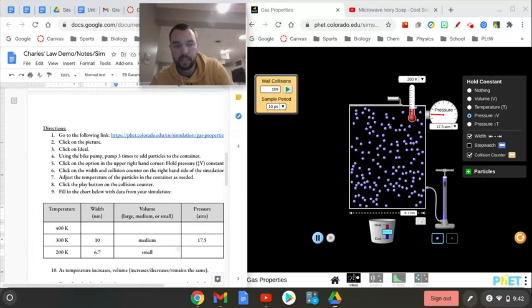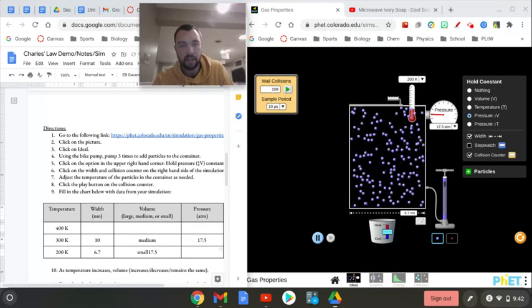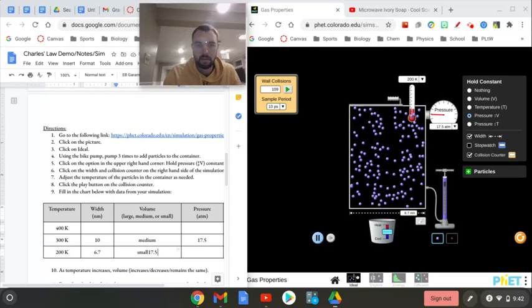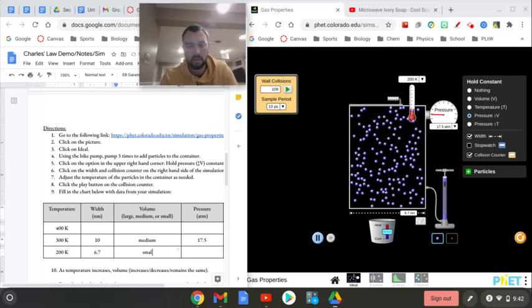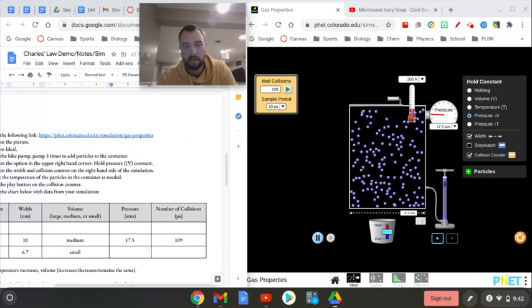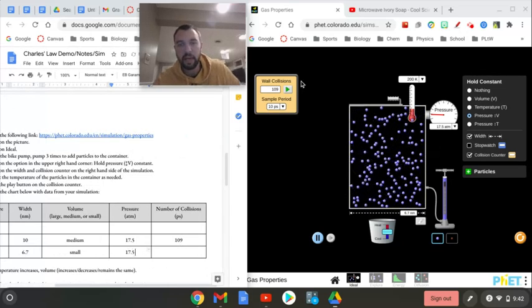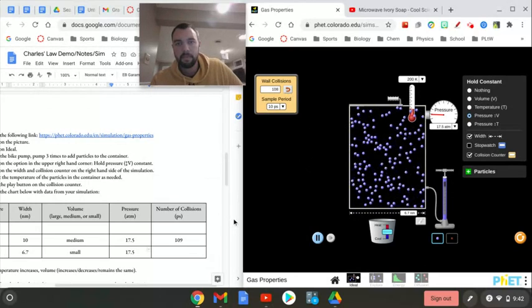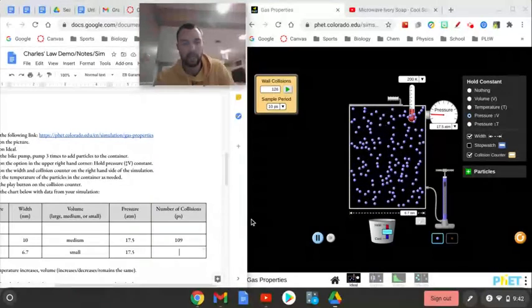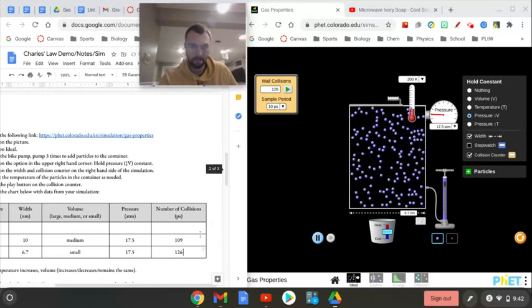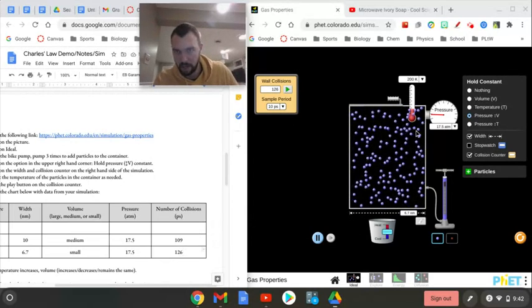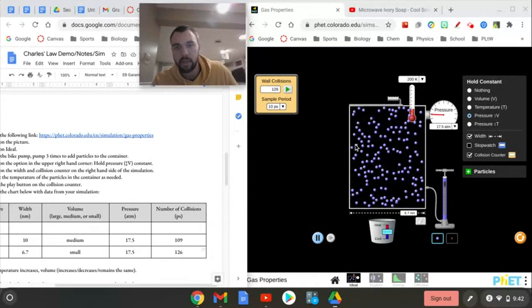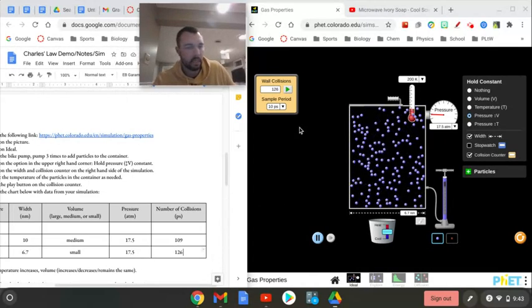And pressure is still 17.5, and number of collisions, 126. So about the same. I mean, with how many particles are in there and how many times they could collide with the wall, 109 and 126, they're pretty close.